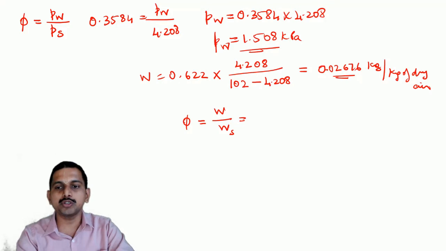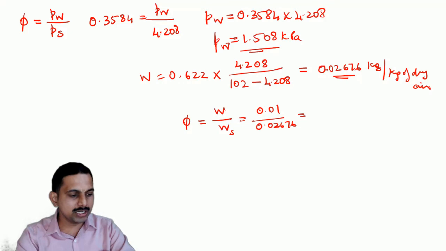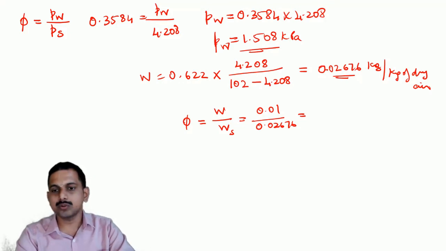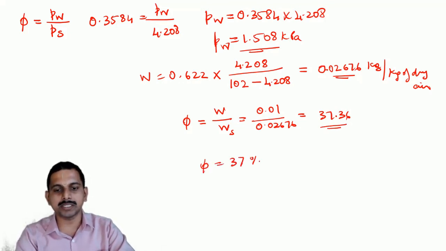The actual humidity ratio is 0.01 because it doesn't change, that's what is told, and at saturation it is 0.02676. The answer I am getting is 0.3736, or in percentage, 37%.